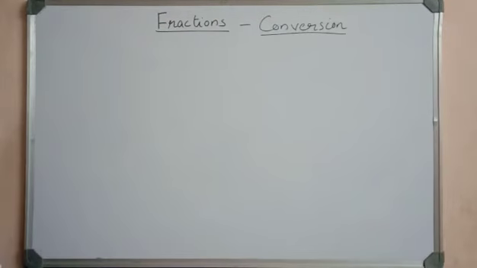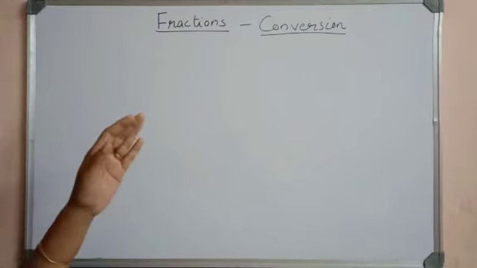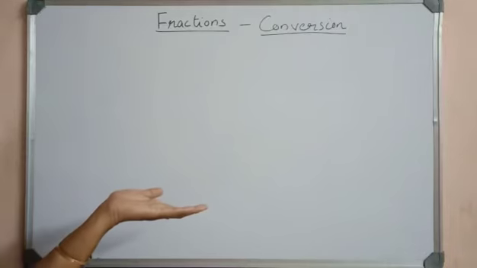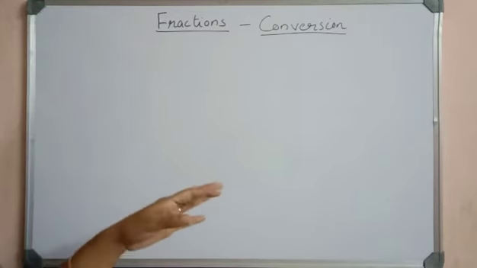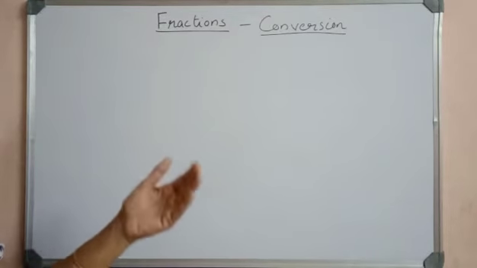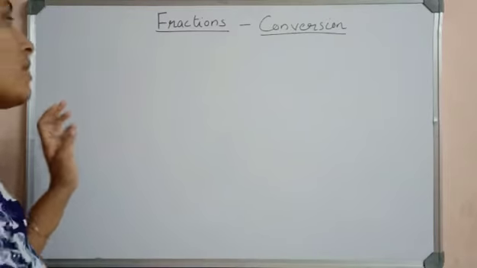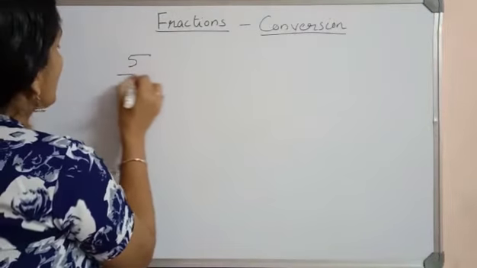When we discuss fractions, we need to remember two important points. One is that the value of the fraction remains the same if both the numerator as well as the denominator are multiplied or divided by the same non-zero number. Consider an example, 5 by 8.